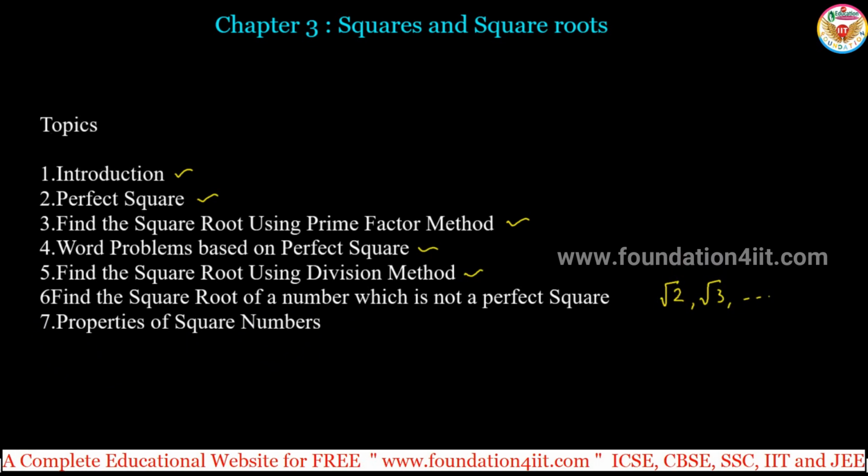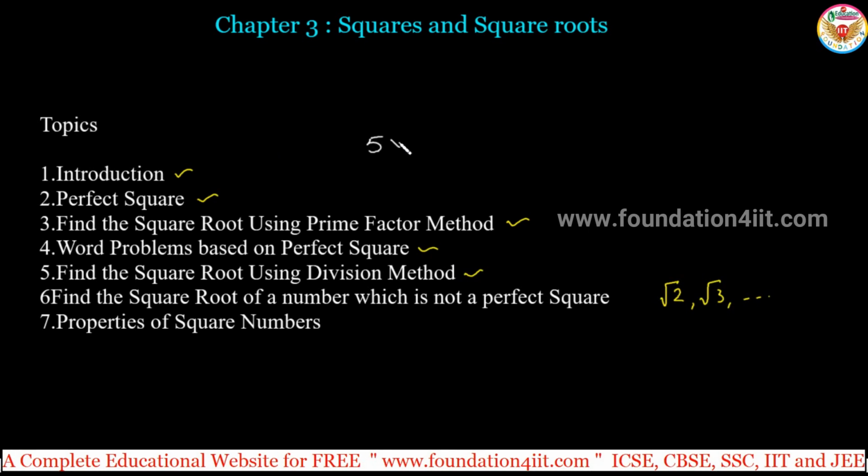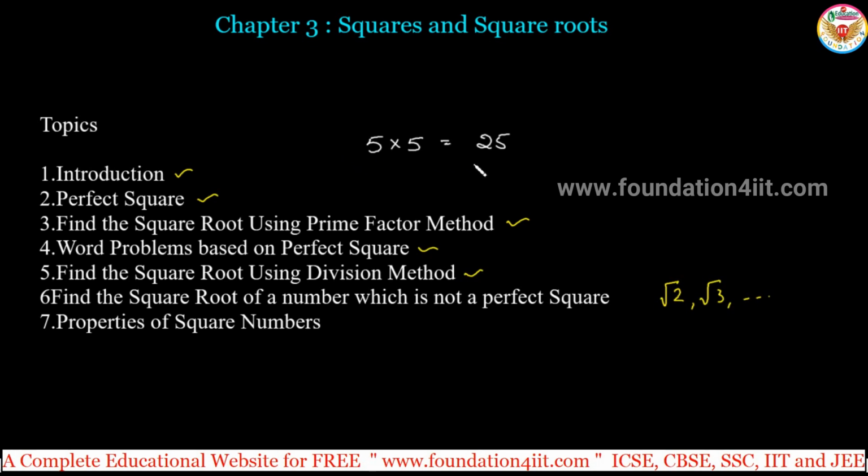When you come to the basic topic, the square: if a number is multiplied by itself, the product obtained is called the square of the number. You know that. If any number is multiplied by itself, 5 into 5 is 25. We got the product 25, which is called the square of that number.